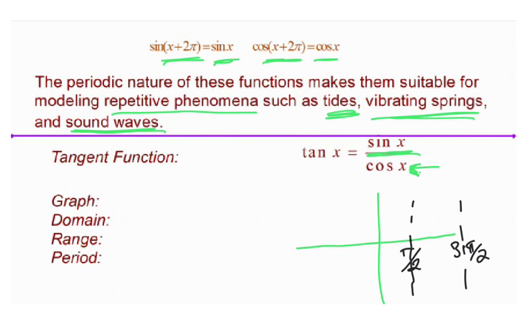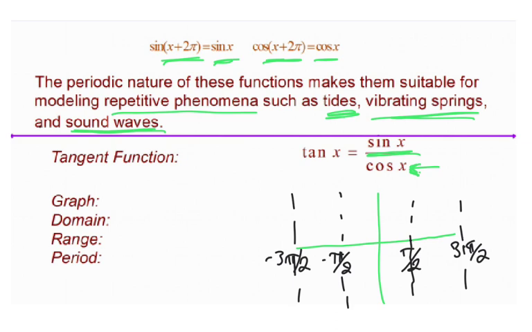So notice anywhere that the zeros of the cosine function were at. So we can go back this way as well, and it would be negative pi over 2, and then also negative 3 pi over 2.